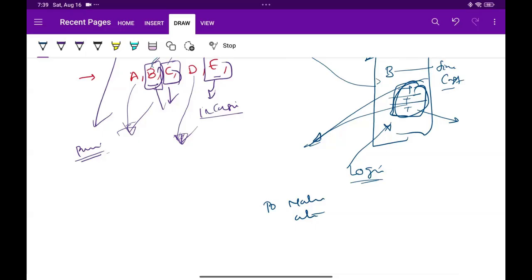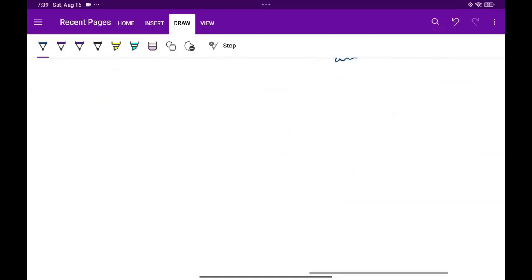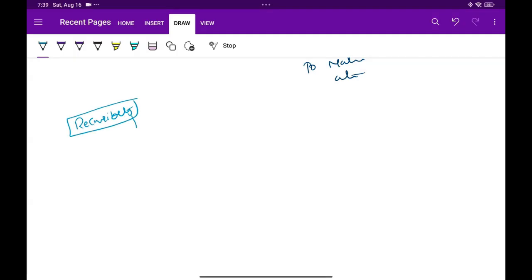By seeing the logging mechanism, recoverability will happen. Then who is using that logging? We have the recoverability mechanism.